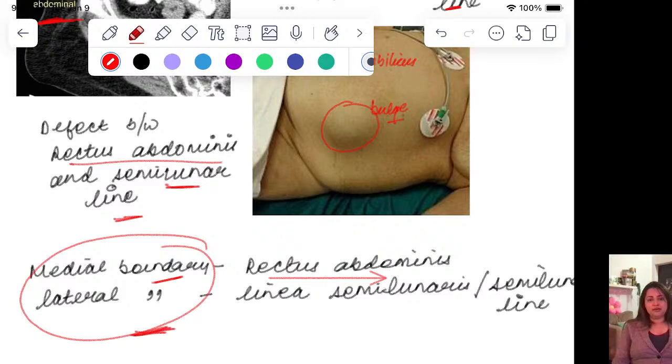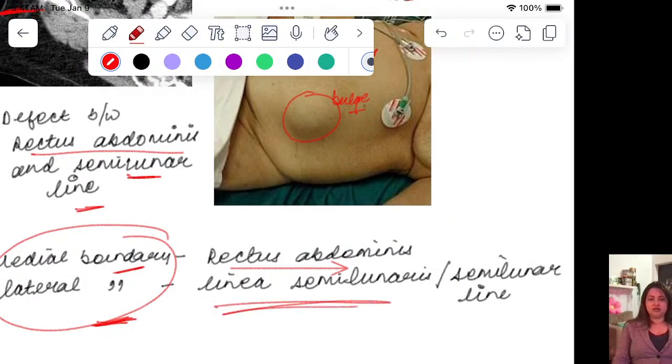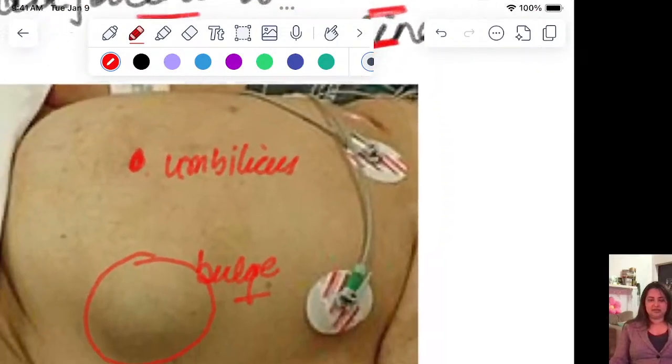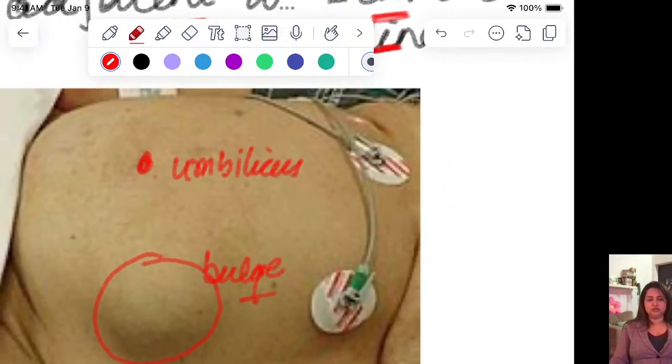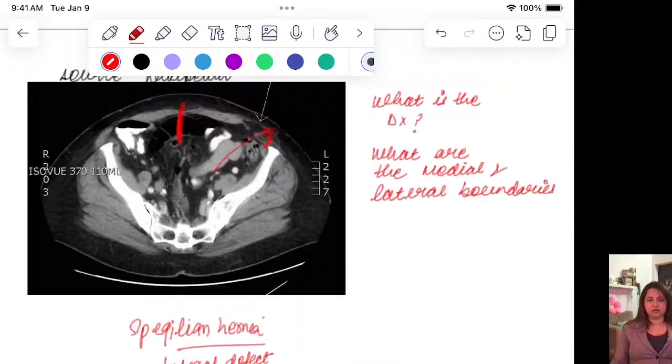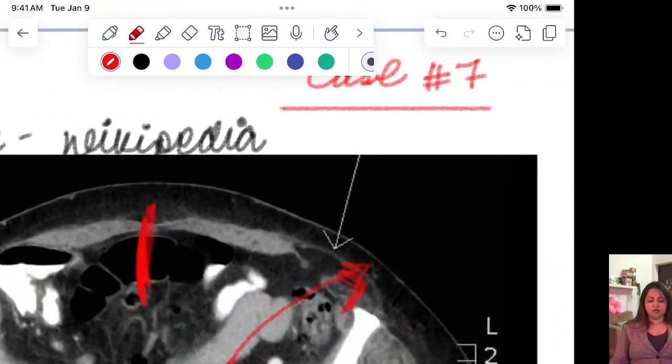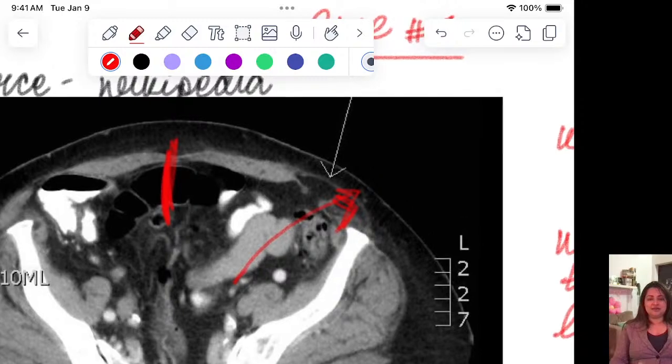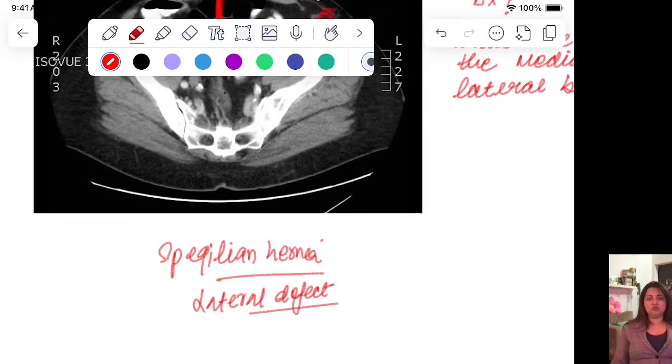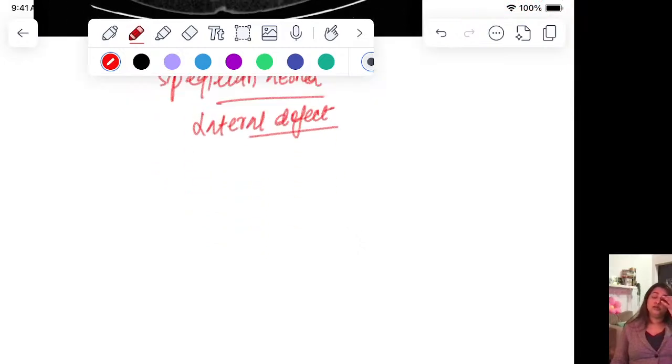Laterally, we have the linea semilunaris, or the semilunar line. So whenever you are given a picture like this, a lateral bulge defect on ultrasound or CT scan, and this defect is not central, this is lateral, it is going to be a case of Spigelian hernia through which bowel loops or the omentum peritoneum could be protruding.